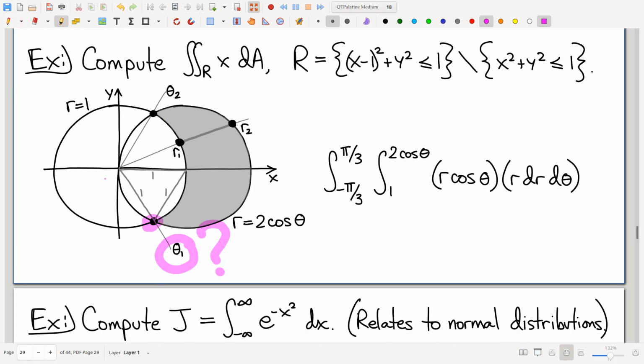I'm interested in computing basically this angle right there. I can see theta 1 is going to be negative just from where it is. But how am I going to figure out that angle? The clever observation is to notice that that and that are both radii of what we know to be a circle of radius 1.